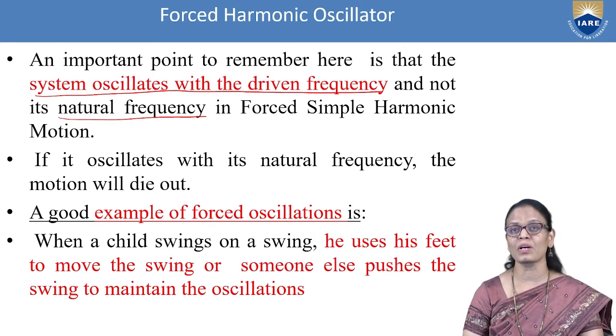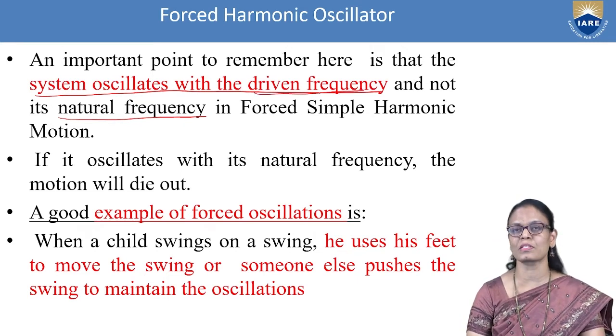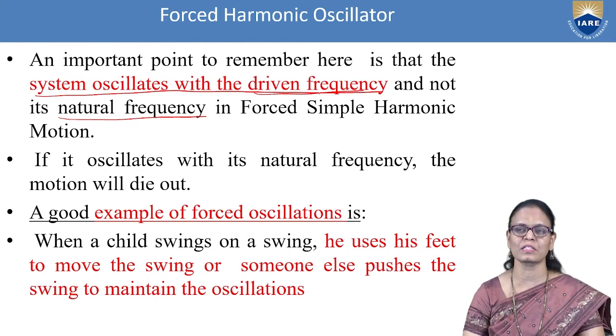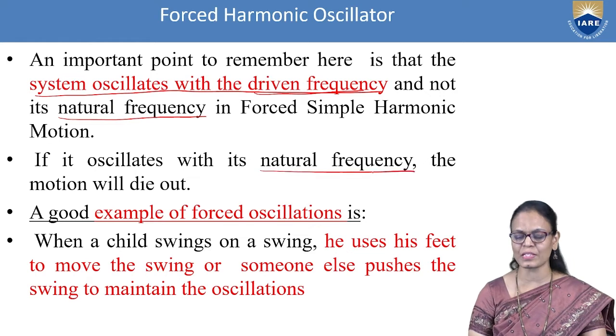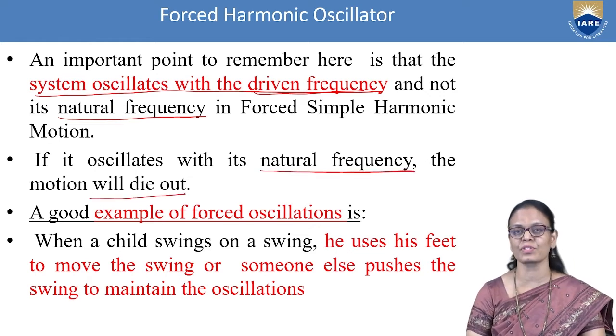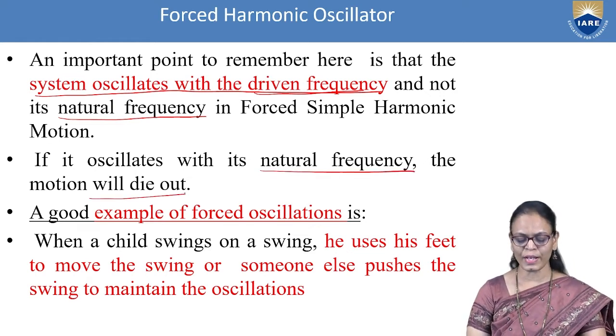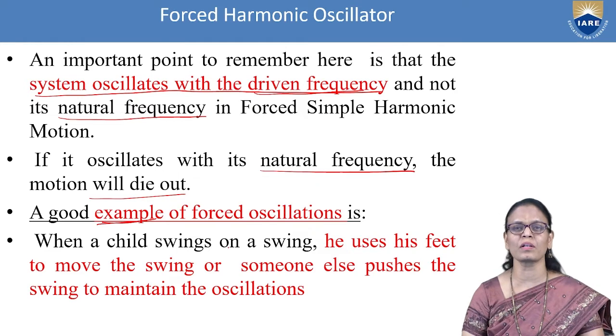It will oscillate with the driven frequency, the periodic frequency which we are applying. Now, if it oscillates with the natural frequency, what is happening? The motion will die out. So let us understand this concept with the help of an example. The simple example is a child swinging on a swing.